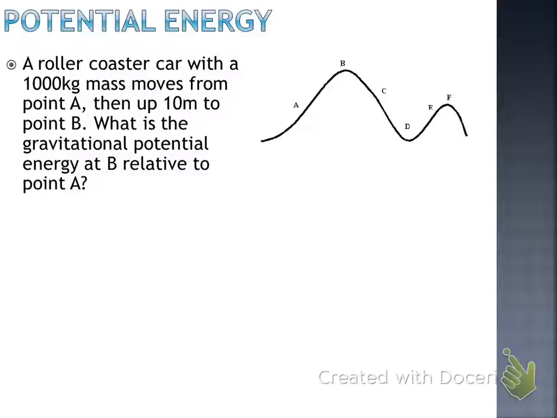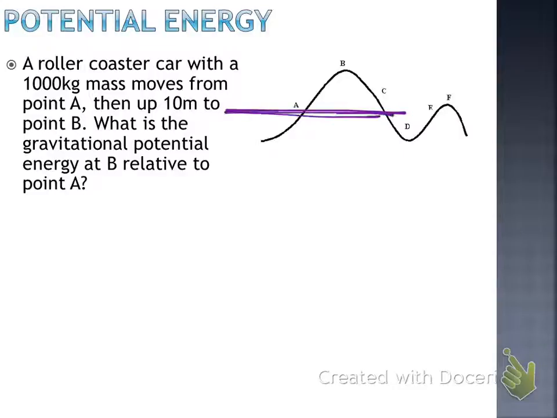If you want to draw out this basic roller coaster, you can, but we're going to get started on this one here in just a couple minutes. Okay, so we don't know anything about what's happening at point A, so we're going to just kind of reset that at the ground level. Okay, that's going to be our starting point.